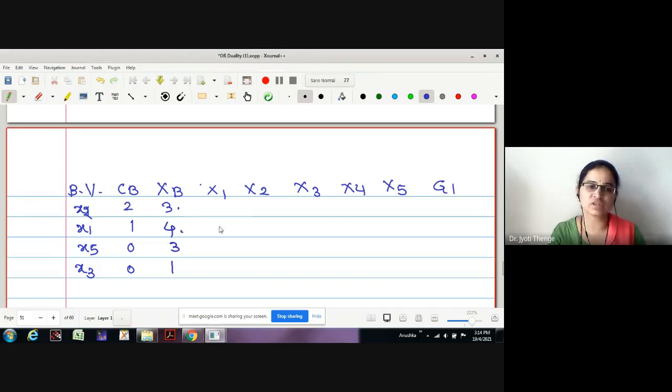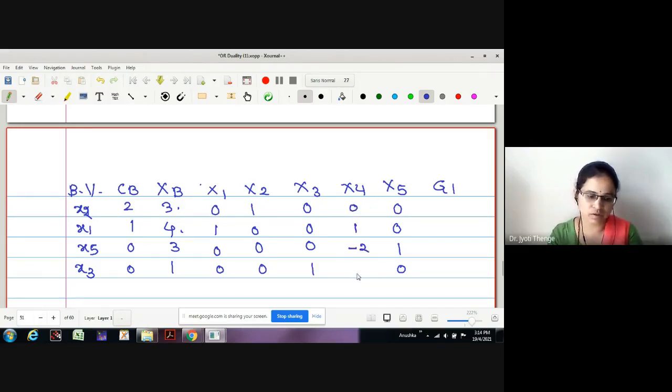Here if you observe, both the entries of the original variables become integer values. X1 is 0, 1, 0, 0. X2 is 1, 0, 0, 0. X5 is 3. X4 is 0, 1, minus 2, 0. G1 is 1, minus 1, 2, minus 2. Z is 10. Delta values are 0, 0, 0 for the basic variables, and 1, 1 for the non-basic variables.